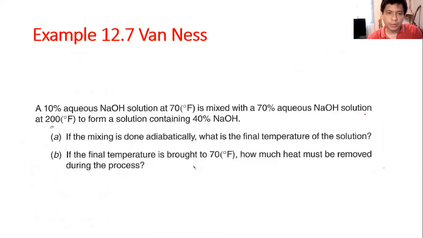So we have a 10% aqueous sodium hydroxide solution at 70 degrees Fahrenheit. This is mixed with 70% aqueous sodium hydroxide solution at 200 degrees Fahrenheit to form a solution containing 40% sodium hydroxide. If the mixing is done adiabatically, what is the final temperature of the solution?